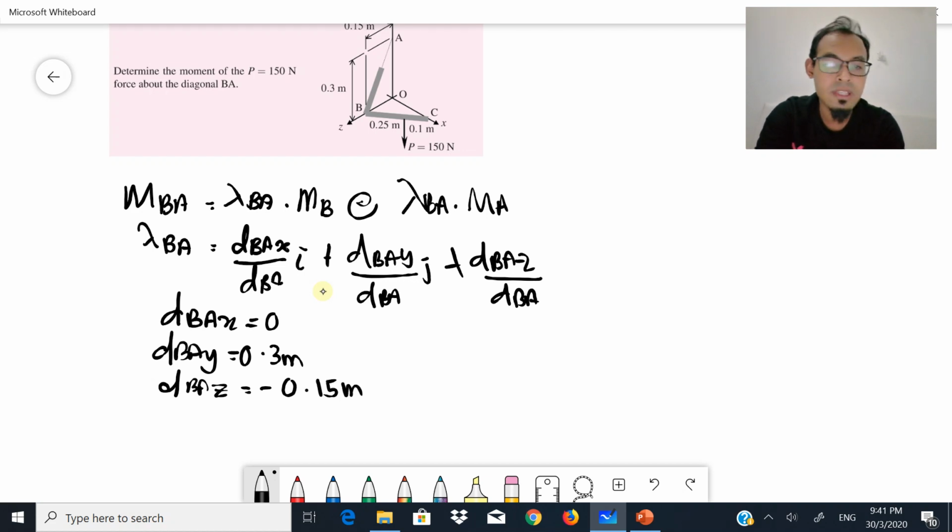From that we can find d_BA equals 0.335 meter.